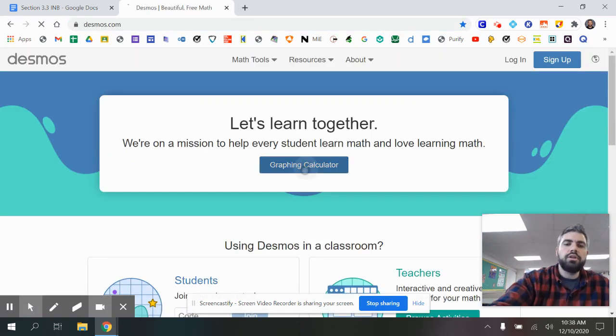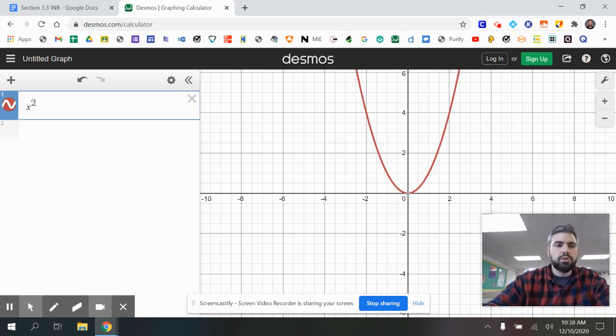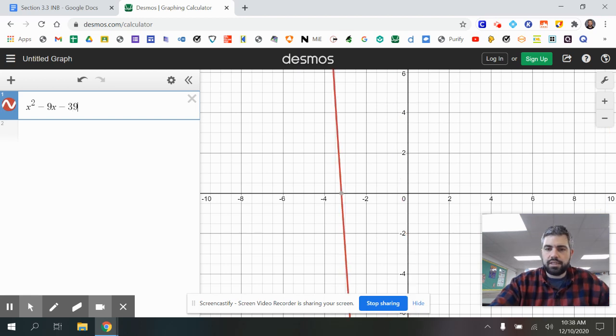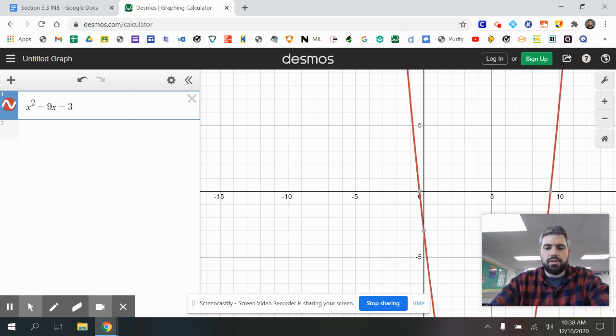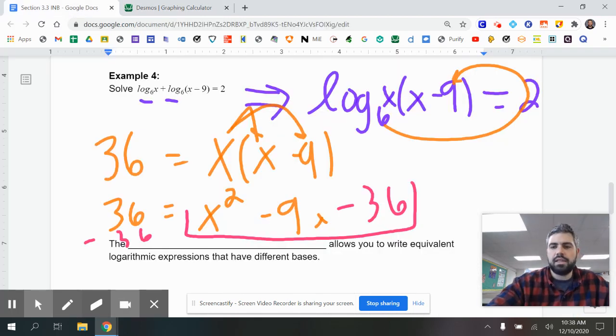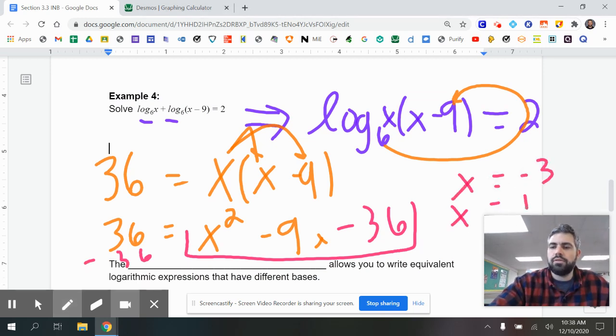We're going to say x squared minus 9x minus 36. Okay, I get 2 solutions. I get -3 or I get 12. So I go back here and I say x equals -3 or x equals 12.